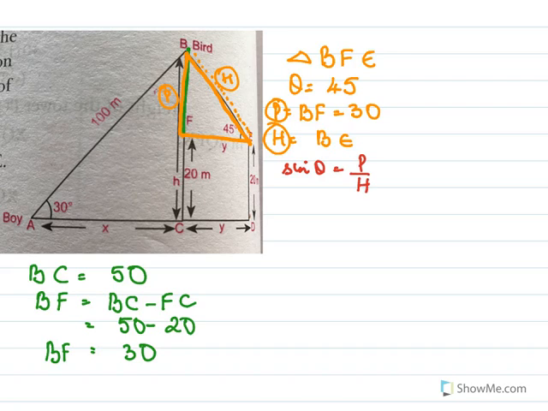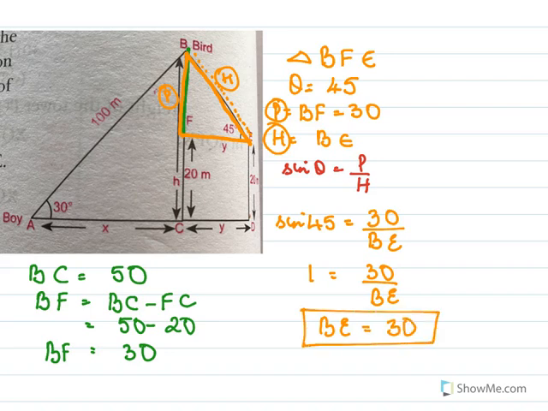Sine theta is perpendicular over hypotenuse, and that is sine of 45 equal to perpendicular 30 over hypotenuse BE. 1 over root 2 equal to 30 over BE. So BE equal to 30 root 2. So this is the distance between the girl and the bird, 30 root 2 meter.